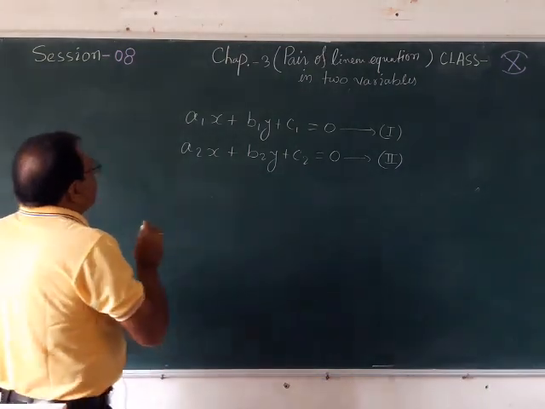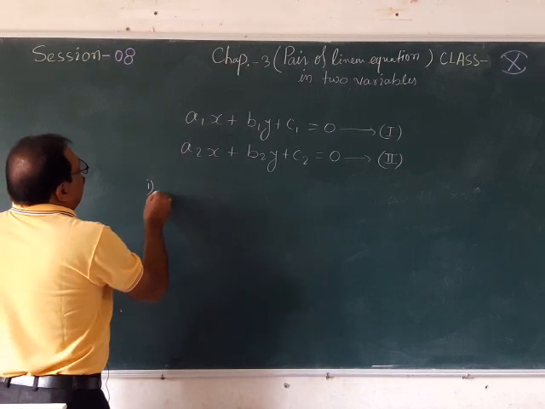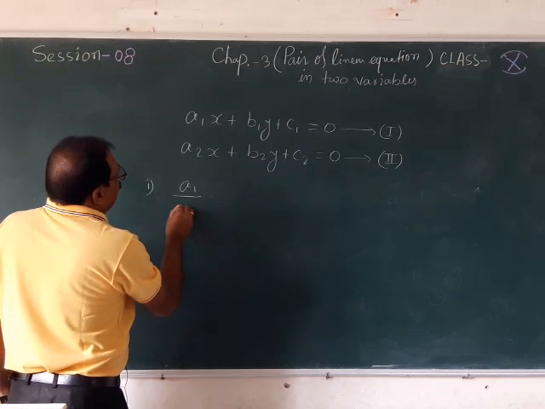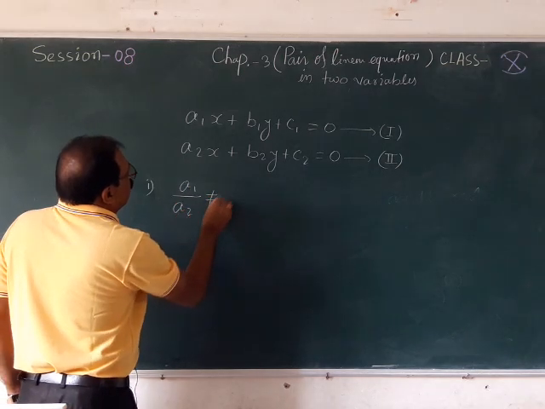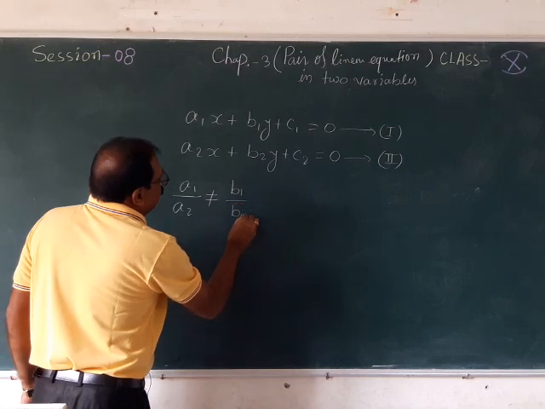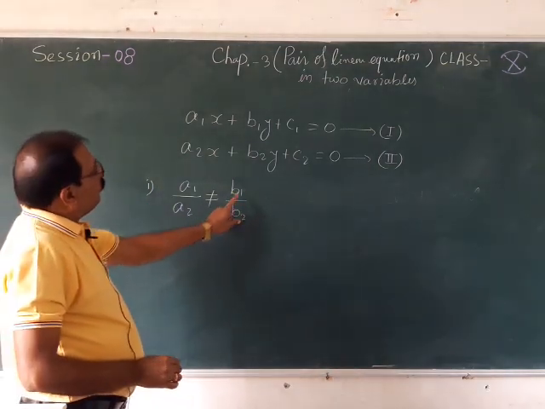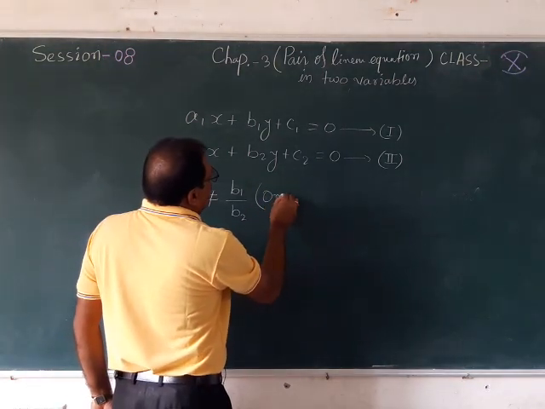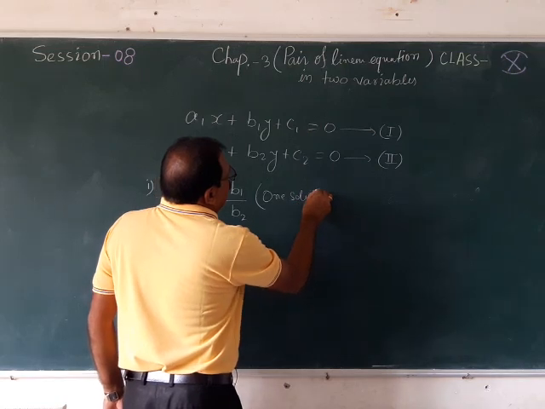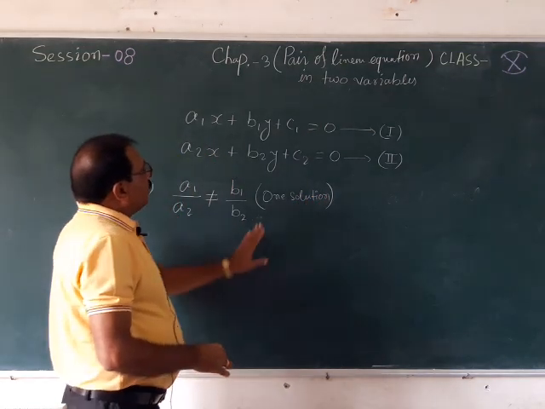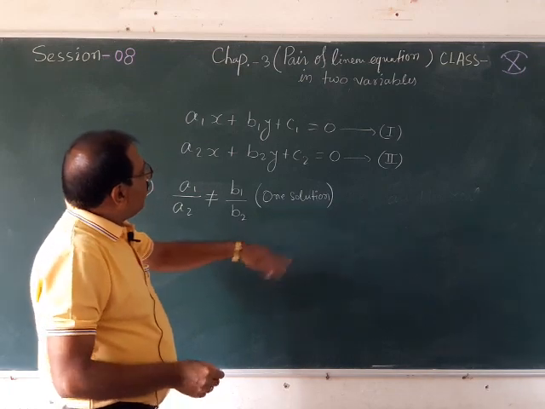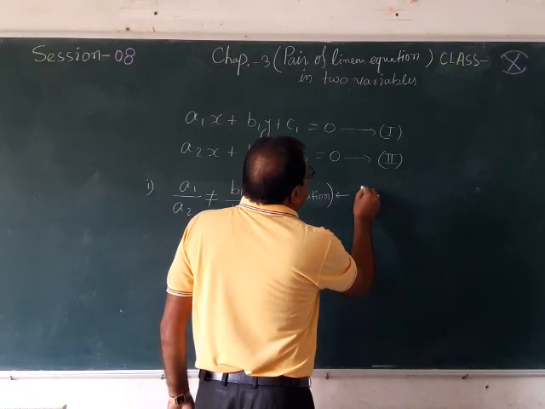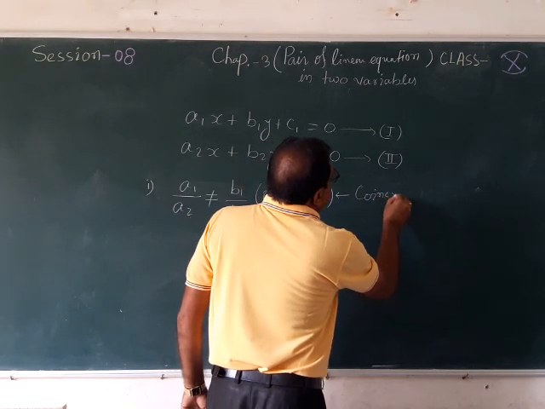So how will we decide? First, you have seen the graph which I showed you, the first condition graph. You can check if a1 by a2 is not equal to b1 by b2. If a1 by a2 is not equal to b1 by b2, that means you are having one solution, only one solution. So after writing the equations, you can check how many solutions you are having, and it is a consistent pair.